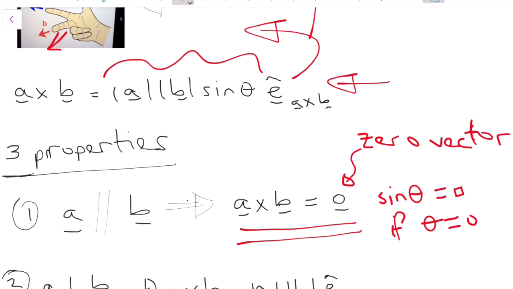The second property is that if A is perpendicular to B, well, A cross B is just the magnitude of A times the magnitude of B times some unit vector. And that's equivalent to finding the area of a rectangle A, B, and finding that area of this rectangle here. So this is perpendicular, and then the magnitude gives the area shaded.